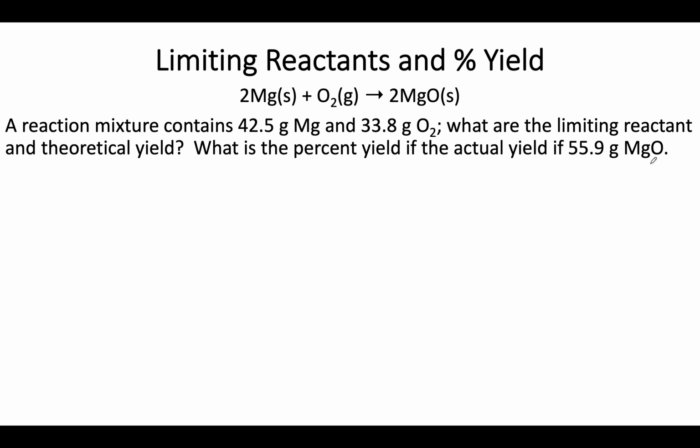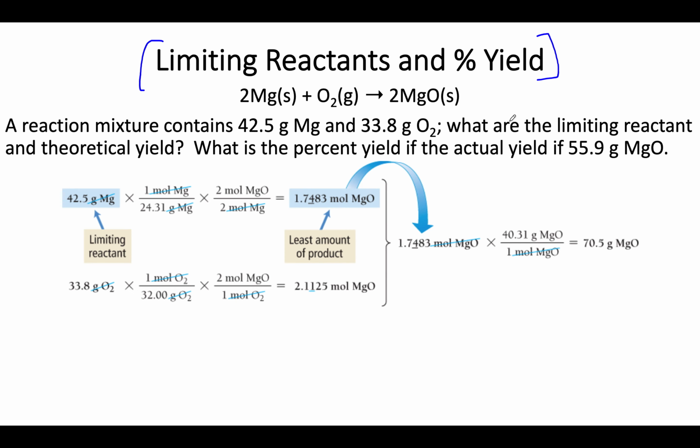So if we take a look here, I just wanted to put an example up of a limiting reactant and percent yield problem. If you want to do this one, you can go ahead and pause the video and start doing your calculations of this magnesium-oxygen reaction to form magnesium oxide. If we take a look here, with limiting reactant problems, you may recall, you have one reactant, you have another reactant, and you do two stoichiometry problems.